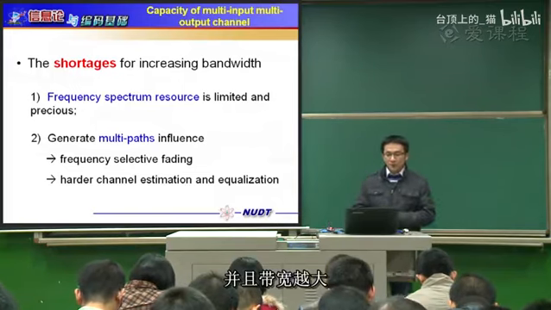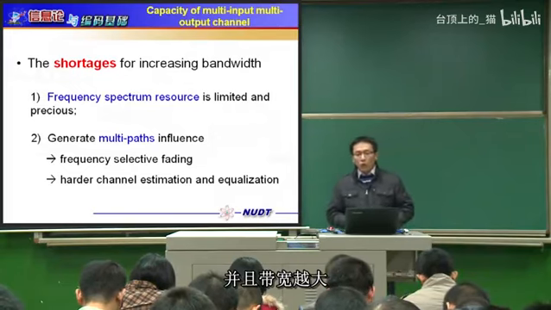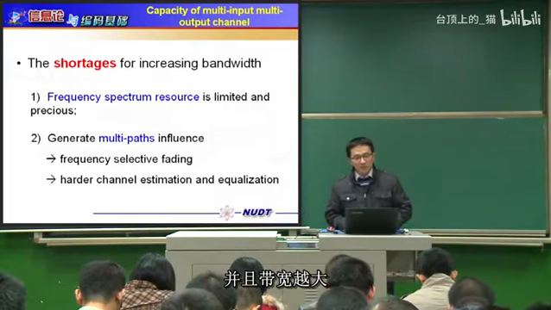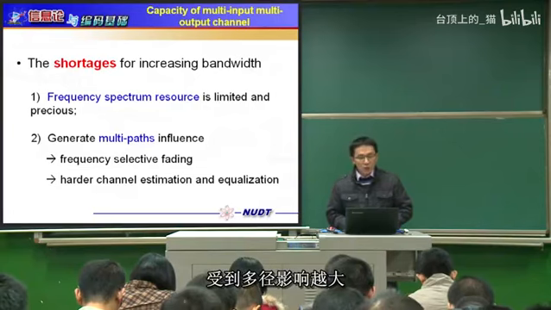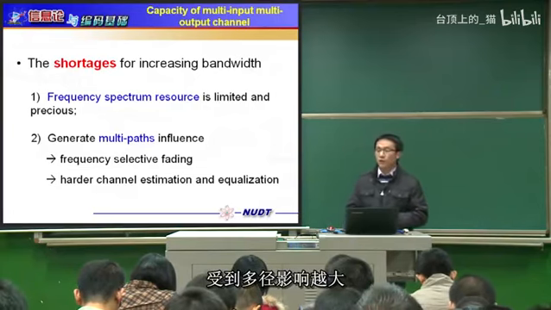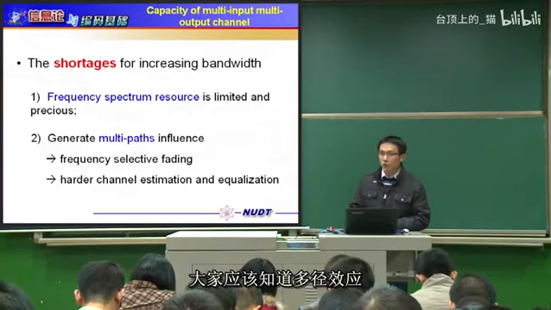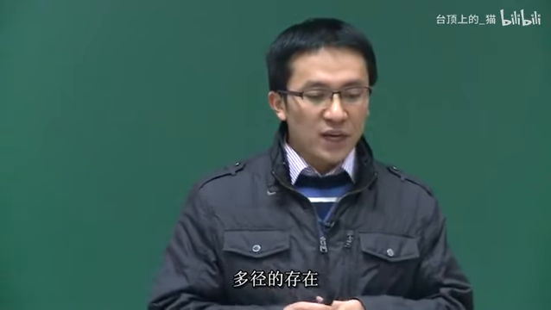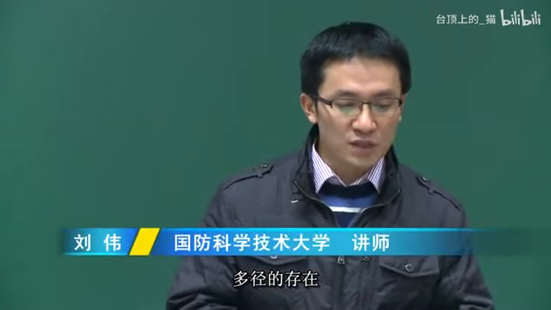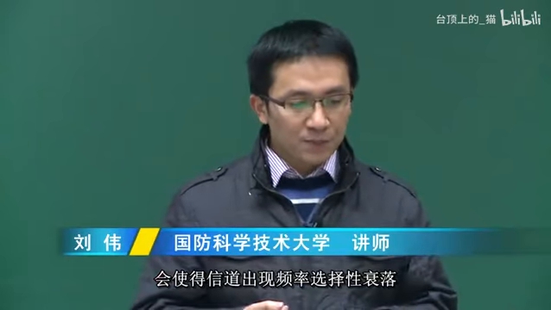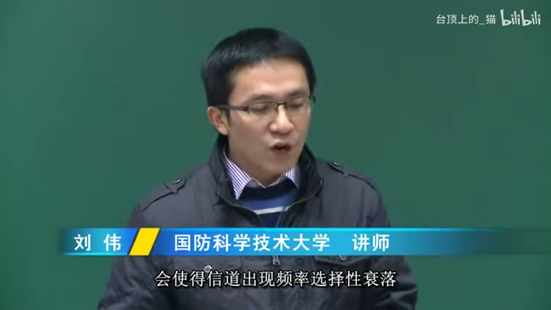And also, for more bandwidth, we'll generate multi-path influence. You know the multi-path influence. So a channel with multi-path influence will make the channel become frequency selective fading.